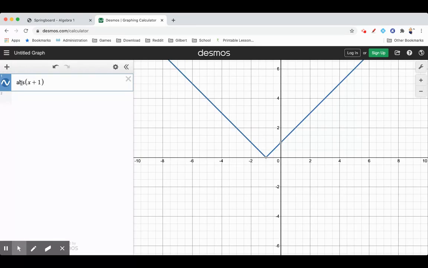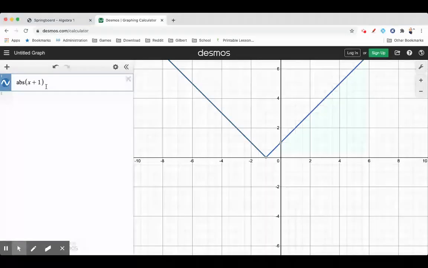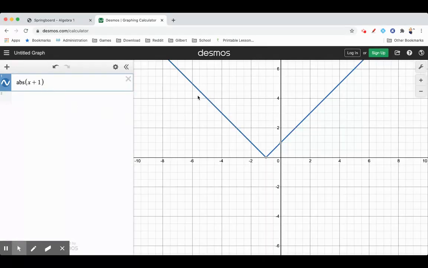We're just going to put ABS for absolute value, x plus 1. So make sure everything's closed off, and there we go. So right here, absolute value of x plus 1.